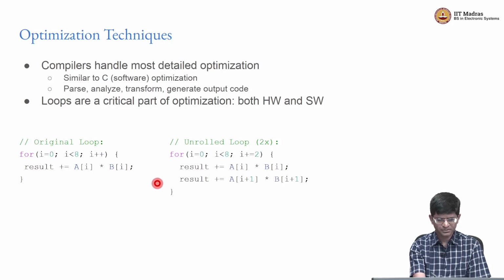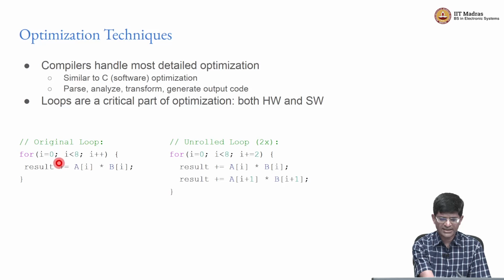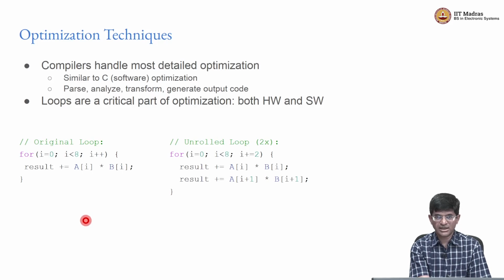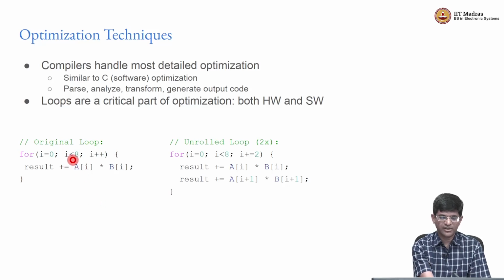Now you could also have something where you write a hardware loop in Verilog, or in a language like C, and potentially the compiler might take this loop and break it up into a sequence of, let's say, 8 different operations which happen one after the other. A normal C compiler would do precisely that. It would basically say, okay, I have to repeat this loop 8 times, and each time I need to do a multiplication followed by an addition and accumulate into this result.